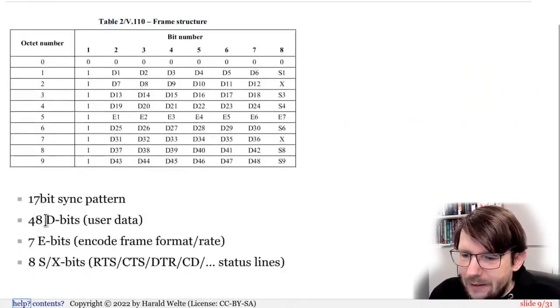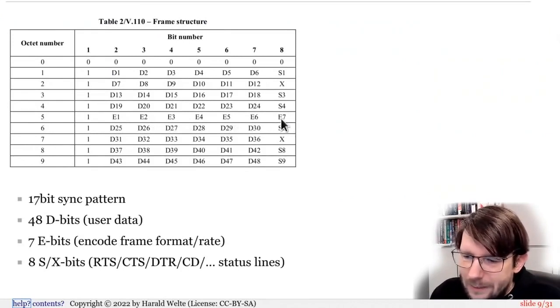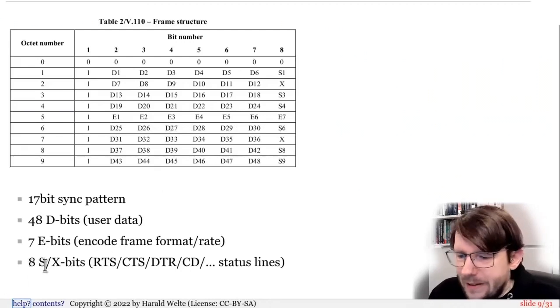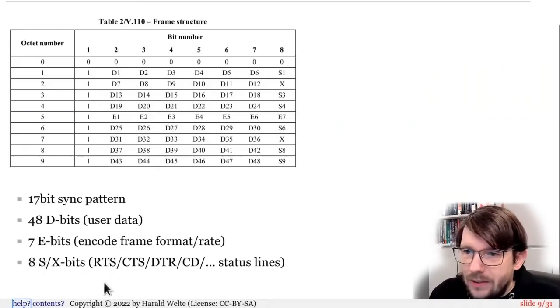And then we have other bits in the frame. That is 48 data bits, the user data bits, numbered D1 to D48, and we have 7 E bits. They are used to encode the frame format or rate that is used in this connection. And then we have 8 S or X bits, which are used to encode the status lines of the modem, such as carrier detect, DTR, CTS, and all of that stuff.